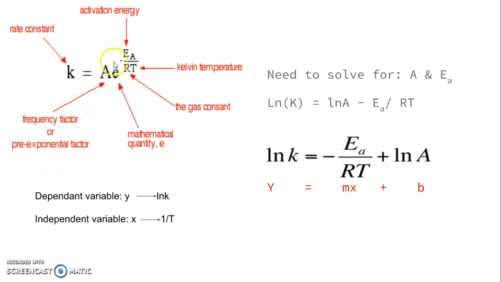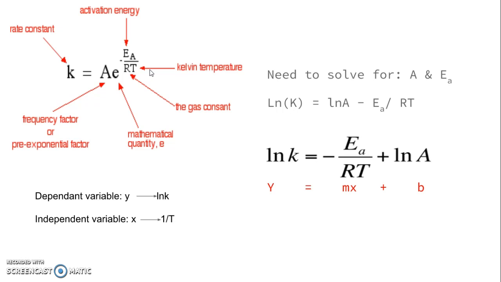Then we've got Ea, which is our activation energy, or the energy barrier that must be surmounted in order to form our products. R is our gas constant, which is equal to 8.314 joules per mole times Kelvin. And last, we've got our temperature in Kelvin.